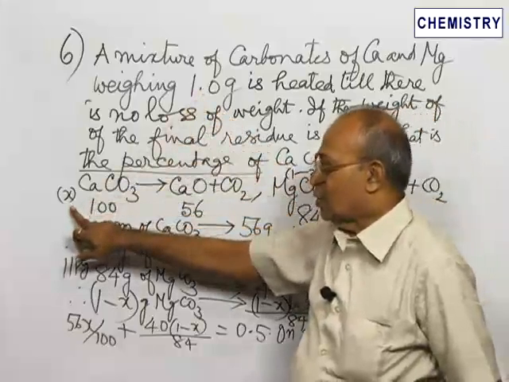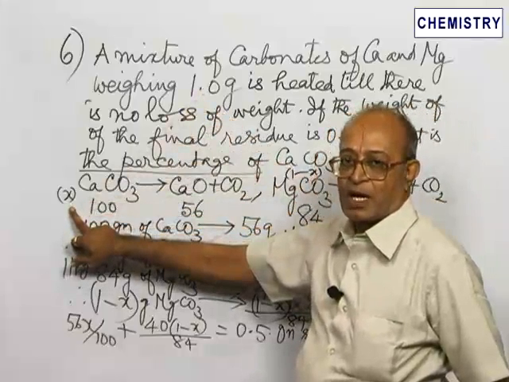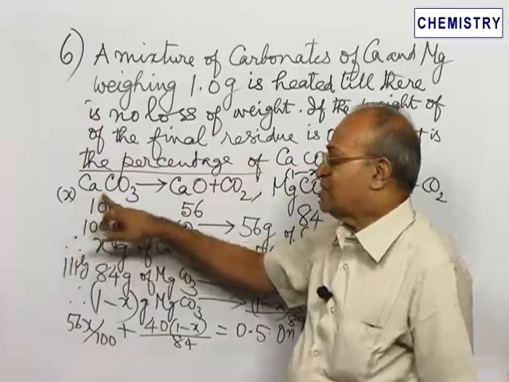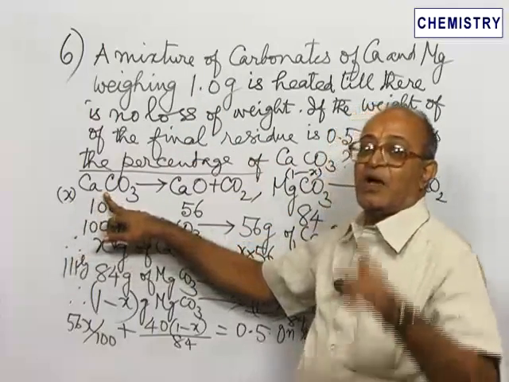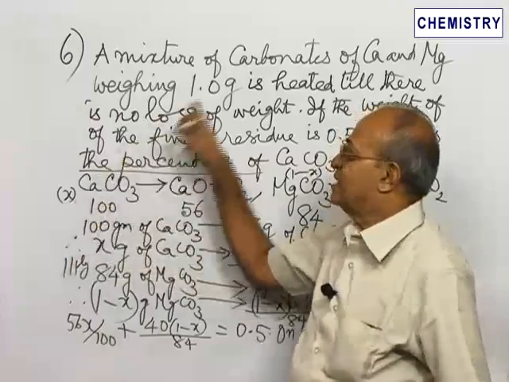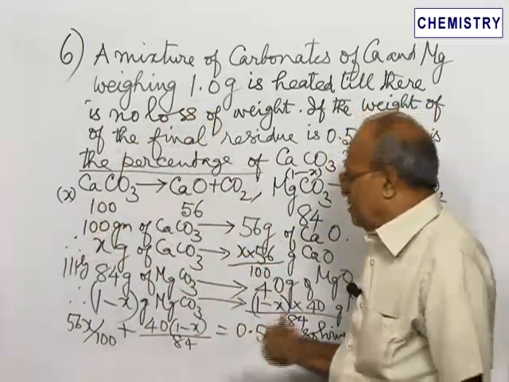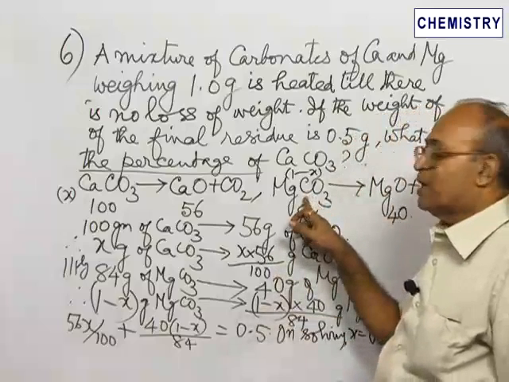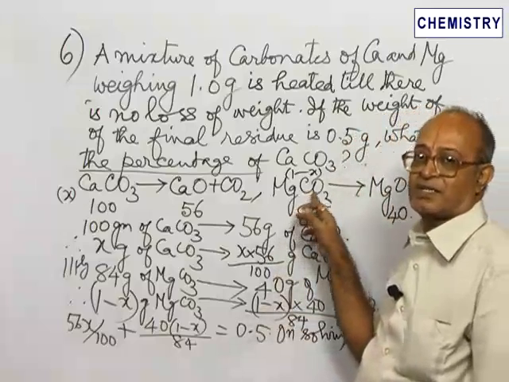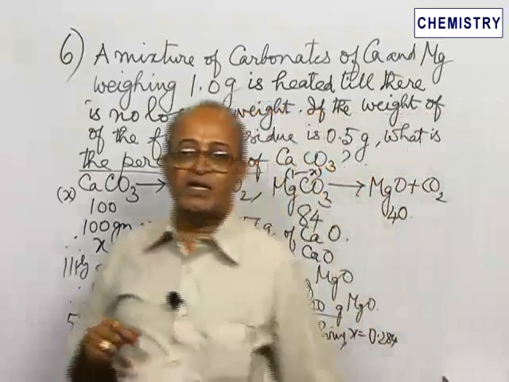So I assume of this 1 gram, X gram is the weight of calcium carbonate where X is less than 1. It is obvious. Naturally, what will be the weight of magnesium carbonate? 1 minus X will be the weight of magnesium carbonate.